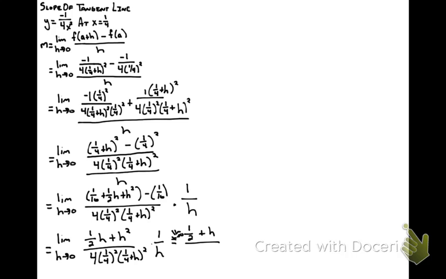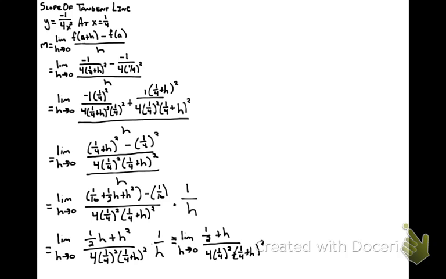That's pretty bad. So the limit as h goes to 0 of 1/2 plus h over 4 times 1/4 squared plus, or times 1/4 plus h squared.